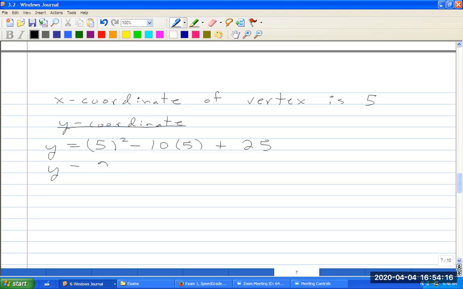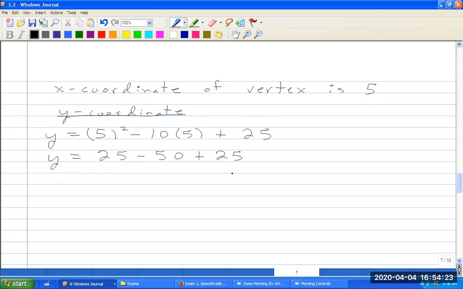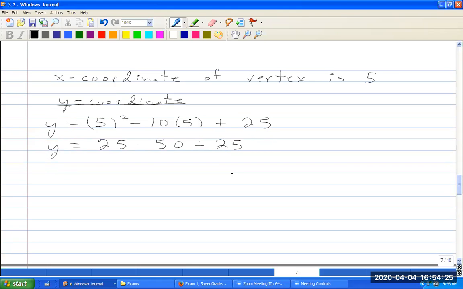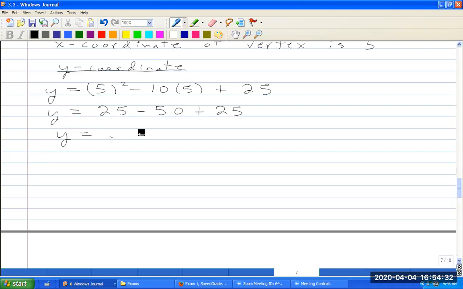So y is equal to 25 minus 50 plus 25. Well, 25 minus 50 is -25, plus 25 is 0. Therefore, my vertex has coordinates (5, 0). Oh, and of course you denote the vertex by V.